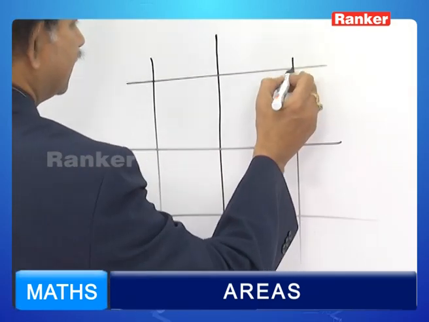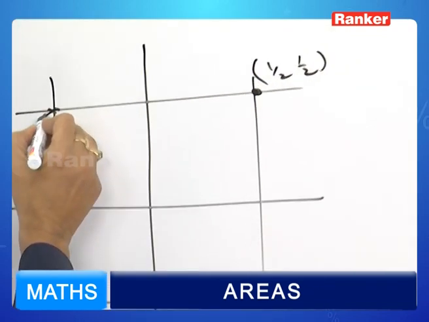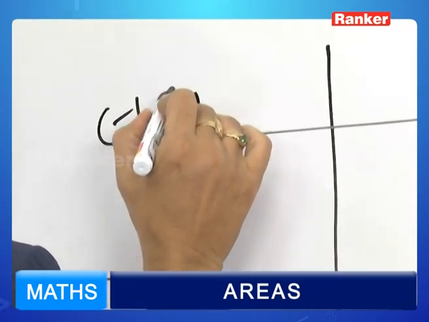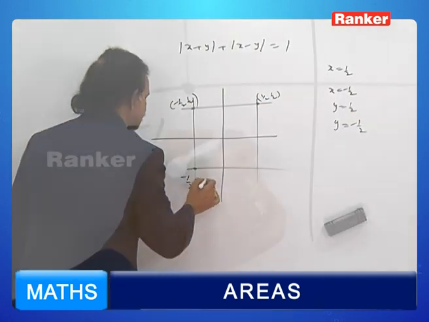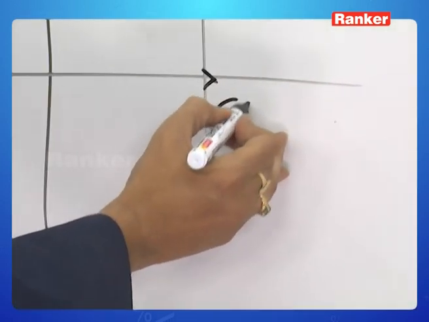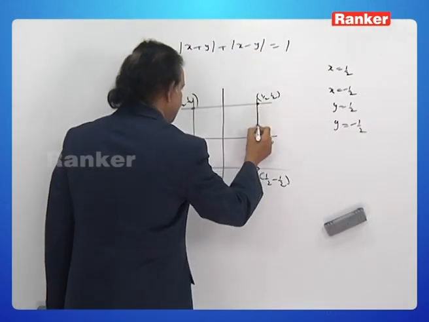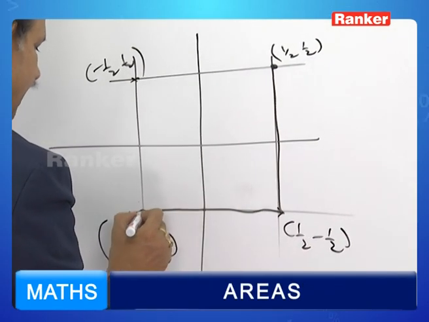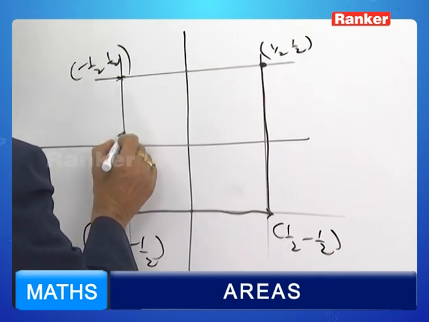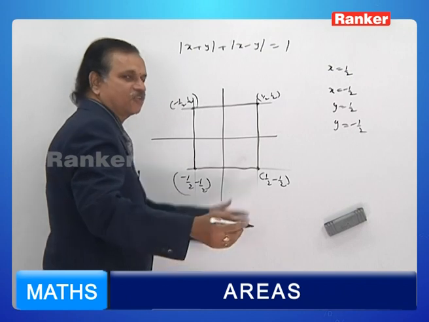All together this point is half comma half, this point is minus half comma half, this point is minus half comma minus half, and this point is half comma minus half. You can easily believe that the diagram formed by all these straight lines is absolutely a square, isn't it?